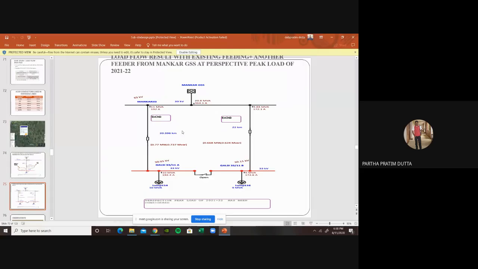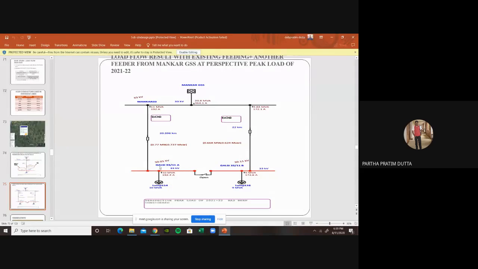Now, if we split the line into two different lines, the MVA is the same. One line draws 11 MVA power, one line draws 9.4 MVA power, one line draws 192 ampere current, and one line draws 172.1 ampere current, with the same line length of 20.396. You see the voltage regulation, the voltage is almost 33 kV.